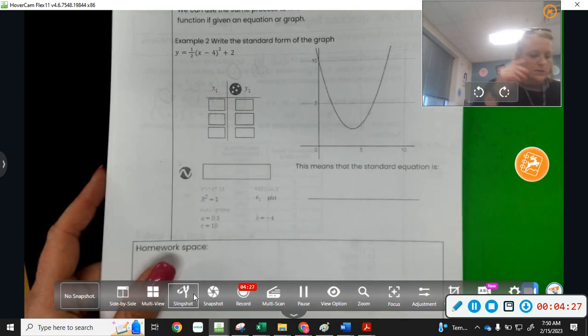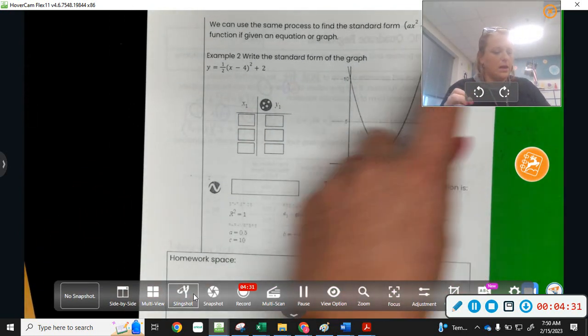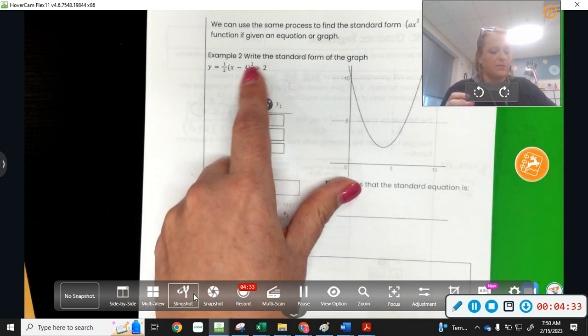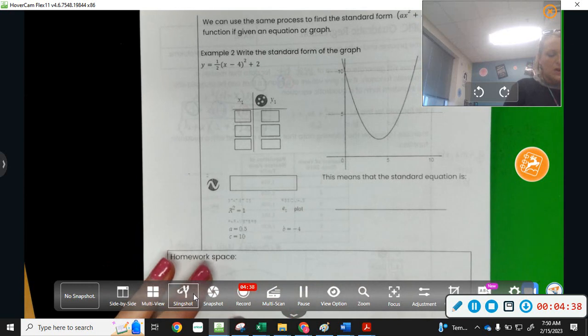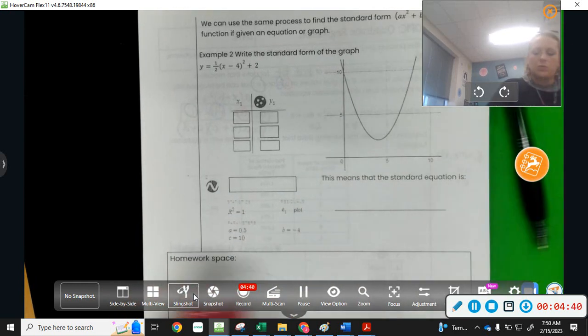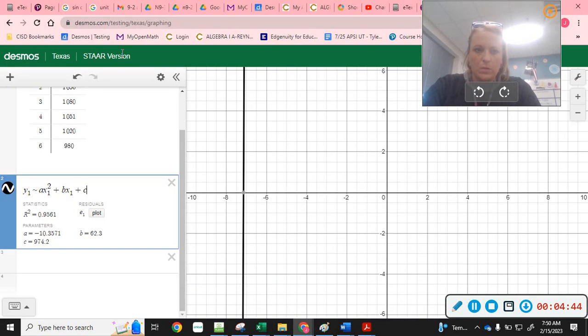It says we can use the same process to find the standard form, ax squared plus bx plus c, of a function if given an equation or a graph. So if I have an equation, or if I have a graph, I can pull out points. Let's start with an equation.